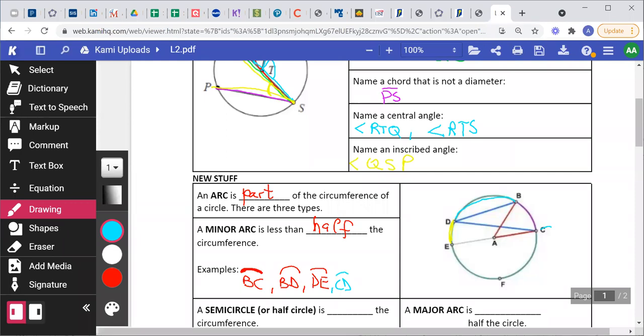For you to have half of this, half means if you take CE, okay? So here you can manipulate your way. CB is a minor arc, CD is a minor arc, but CE is not a minor arc, okay? We also have BD, and then we have BE. BE, if you move from B till you reach E, is less than half of this circle. And the other side, we also have CF.